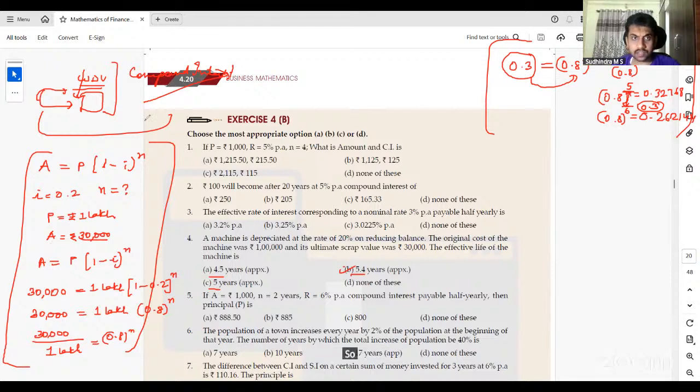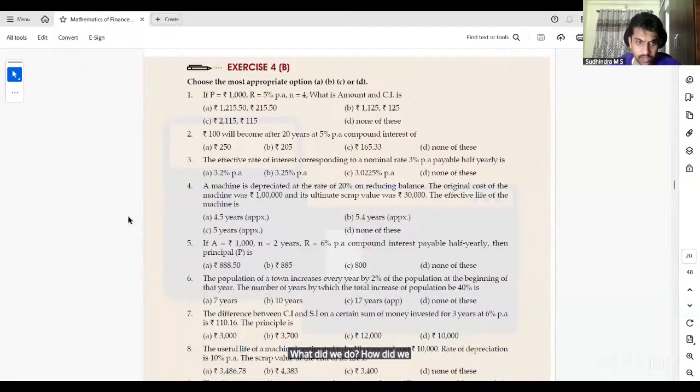So how do we get this? Yes, Puneet, PV correct. How did we solve this, Bhavish? Population of a town increases every year by 2%.